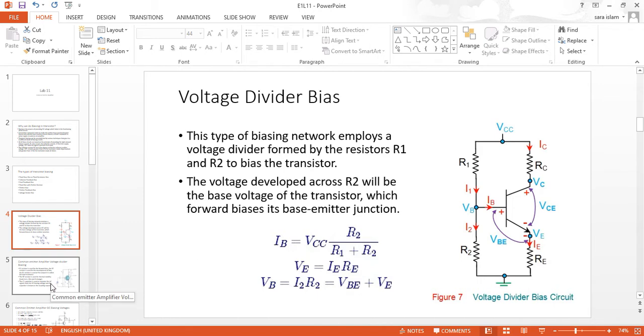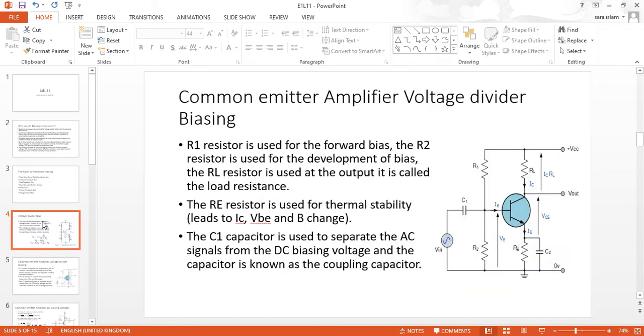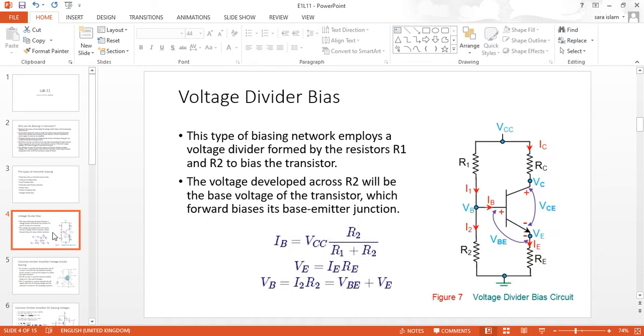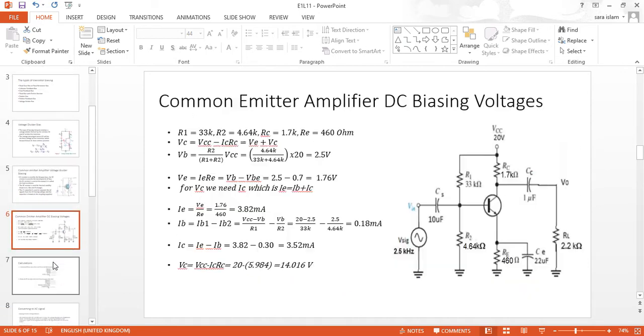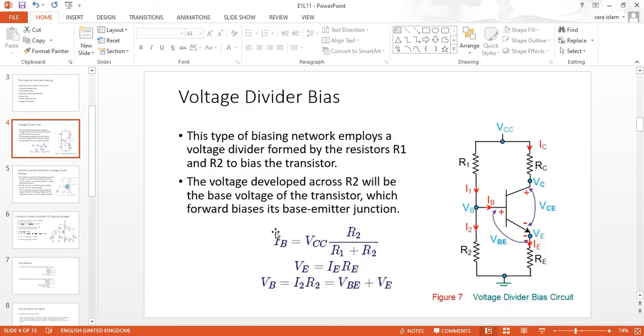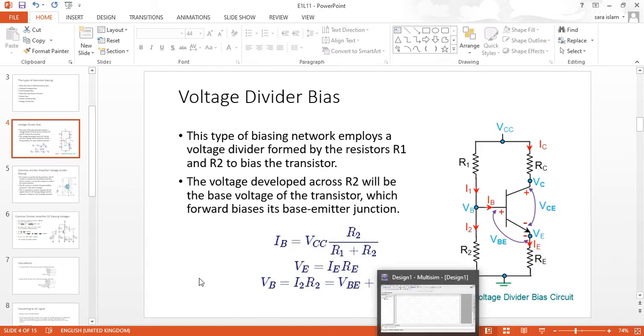So this is the voltage divider biasing procedure, and before discussing it, we will go into the entire calculation of your biasing circuit, right? This is the entire calculation of your biasing circuit, where we actually ignore the capacitors and your load resistor, and only these four elements R1, R2, RC and RE are considered, right?